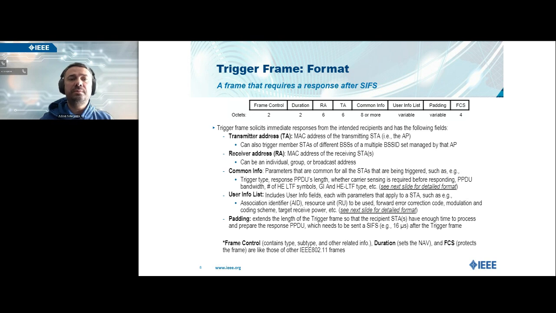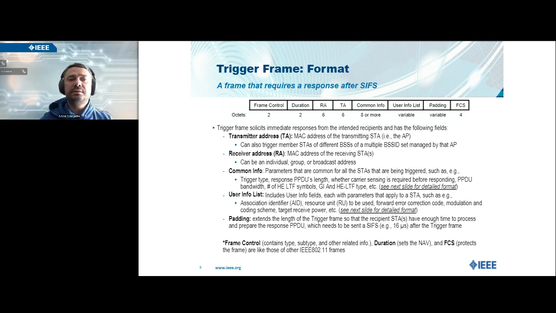It indicates the response PPDU length of the PPDUs that are going to be generated by the stations, and whether carrier sense is required before responding, essentially whether you need to make sure that your carrier sensing is idle or busy. The PPDU bandwidth, the number of HE-LTF symbols, GI, and the LTF types that you need to use, and so on and so forth.